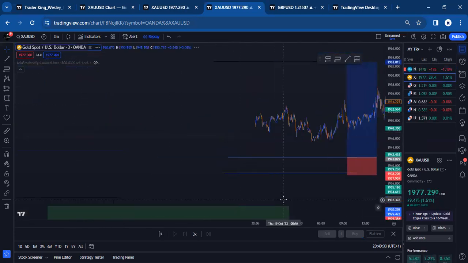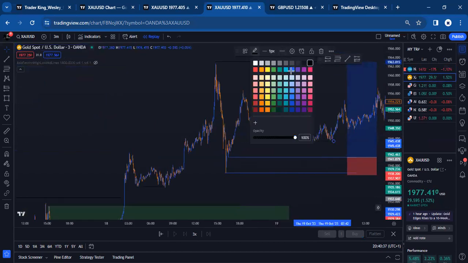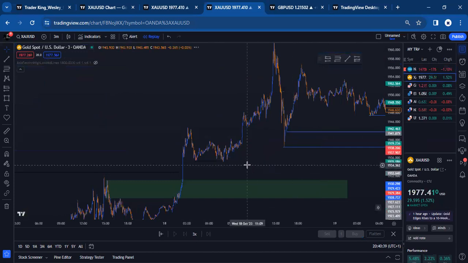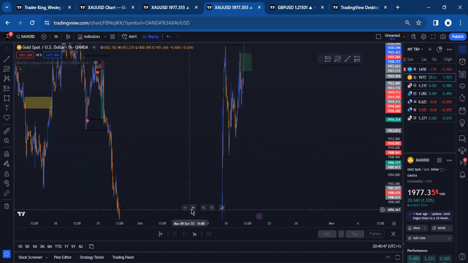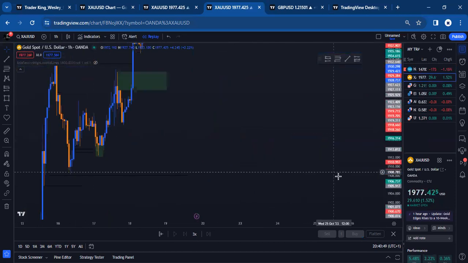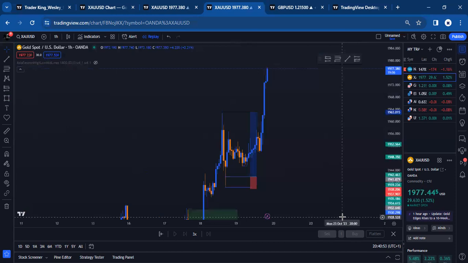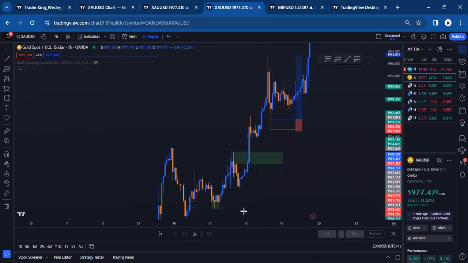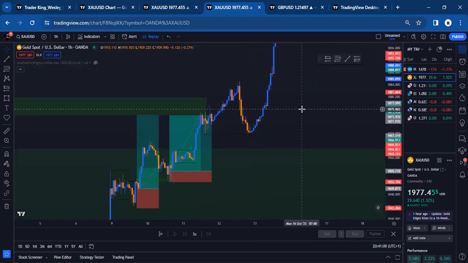Gold left me today. Gold did not mitigate my entry today. All right, so perfect. Let me explain on 1 hour time frame. Okay, I'm trying to look for a very clear breaker block entry.